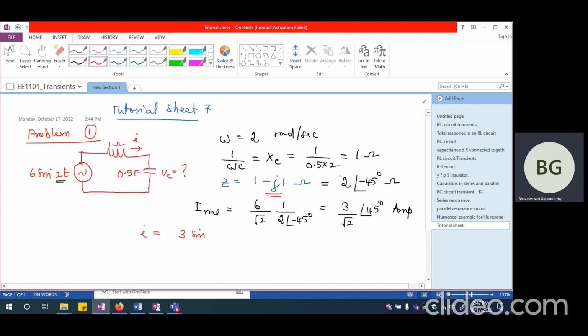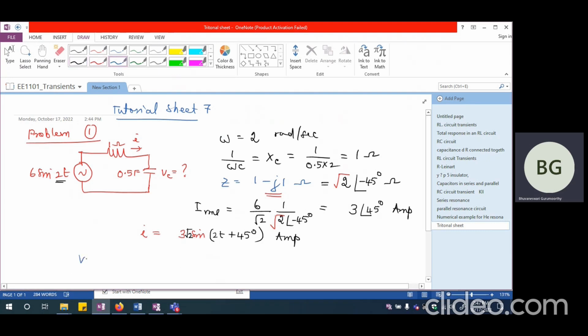Is this 2 or root 2? This is going to be root 2. So this is also root 2. I'm sorry, I goofed up while writing this Z value. So this is going to be 3 angle 45 degrees ampere, the RMS current flowing through this resistance and capacitance. If I write it in sinusoidal form, this is going to be 3 root 2 sine of 2t plus 45 degrees. This is what the current is going to be.